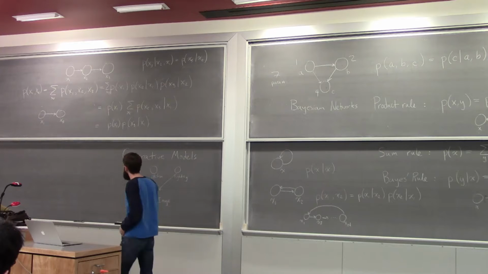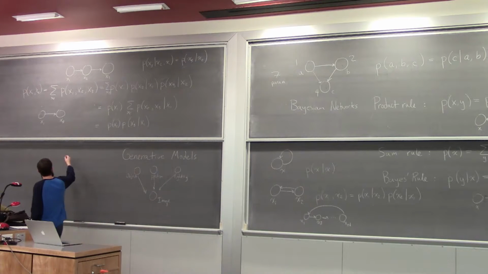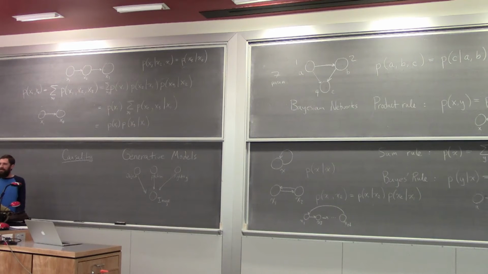Another thing that comes up is the notion of causality, and we have to be a little bit careful when we're talking about it. Technically, probability can tell you nothing about causality.